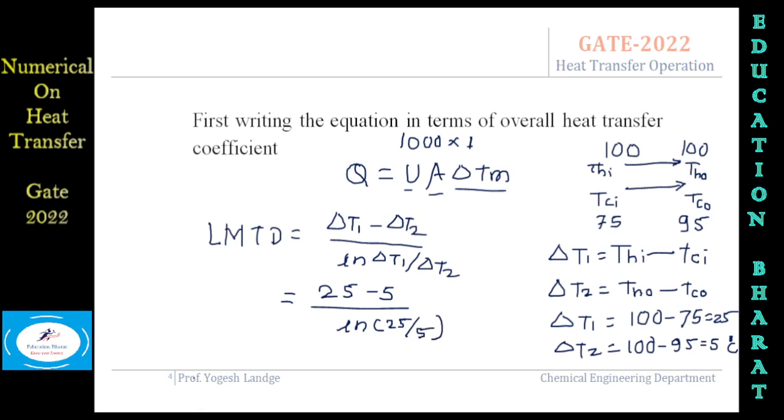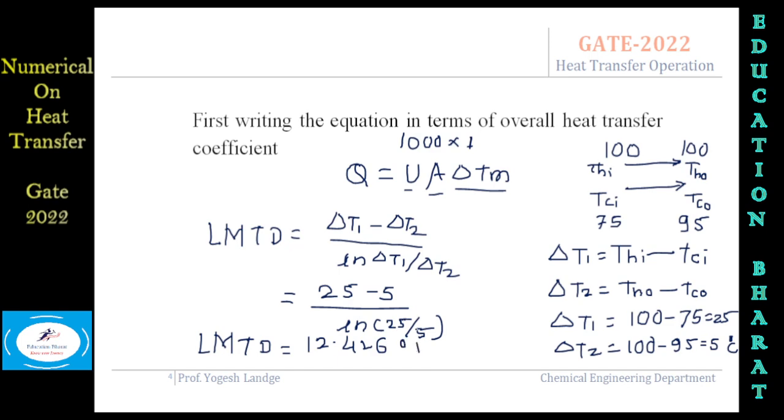We calculate this LMTD value with the help of a calculator, and the LMTD value that we get is 12.426. So this is the value in degrees Celsius.